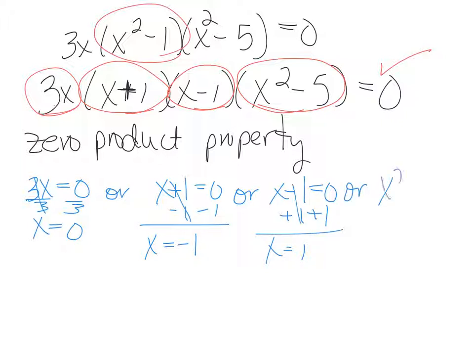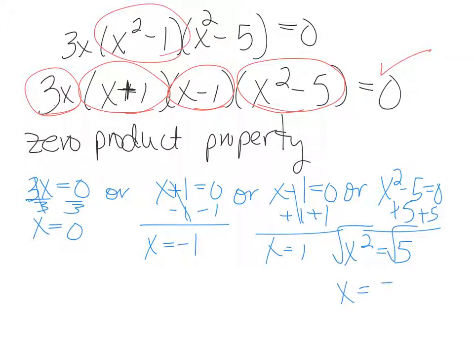Or x squared minus 5 equals 0. x squared equals 5, not quite done yet. x equals plus or minus square root of 5. So my answers are, well, usually try to put it in order from smallest to greatest: negative 1, or 0, or 1, or plus or minus square root of 5.